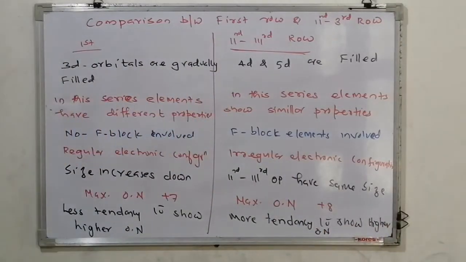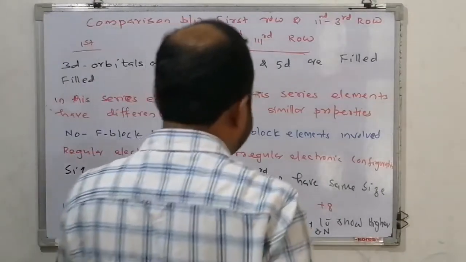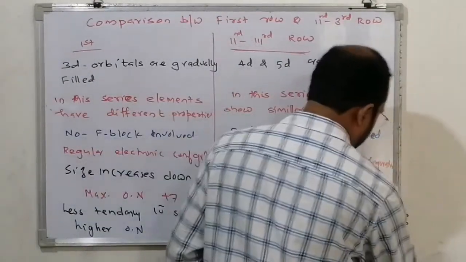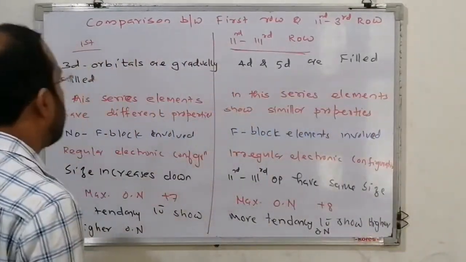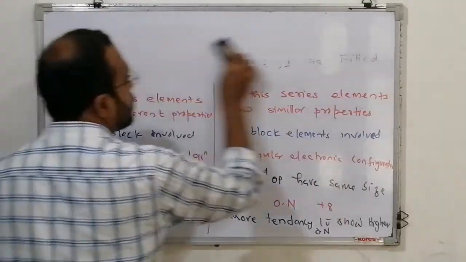That is, second and third series elements have a higher tendency to show higher oxidation number, but in the first series that tendency is very less.